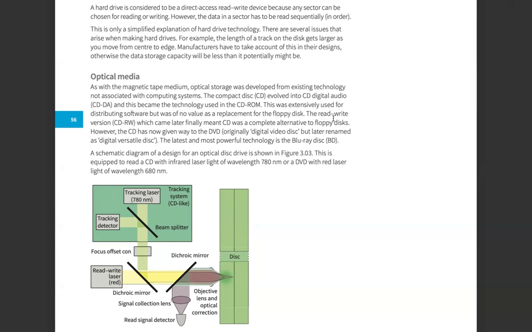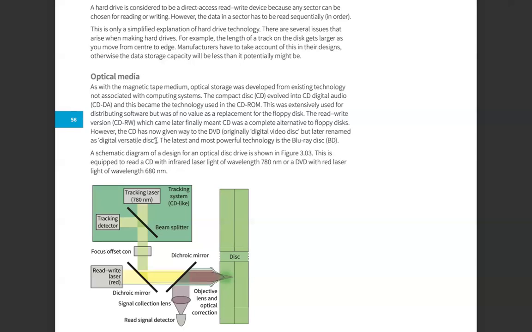So the read-write version, that is CD read-write, that is compact disk read and write, which came later, finally meant CD was a complete alternative to floppy disks as well.